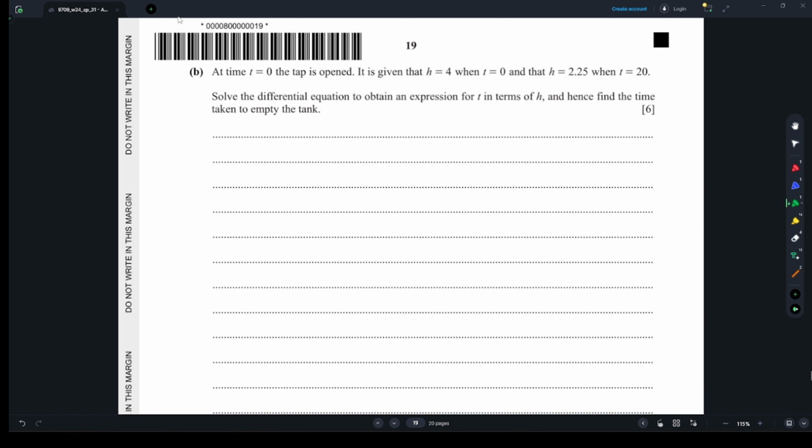So we have now dh over dt. When the tank is empty, h is 0, so keep that in mind. So minus lambda root h.